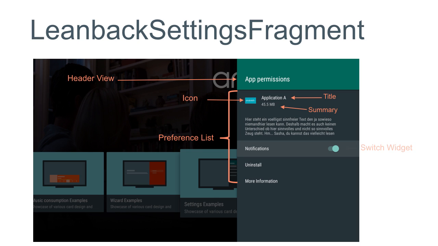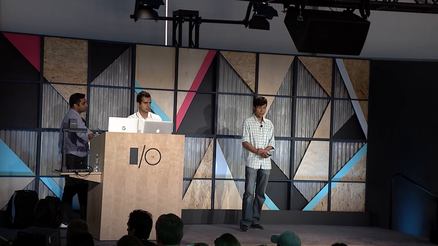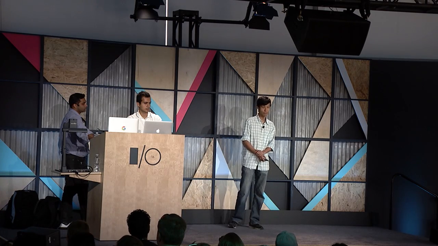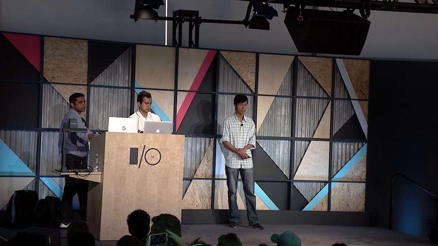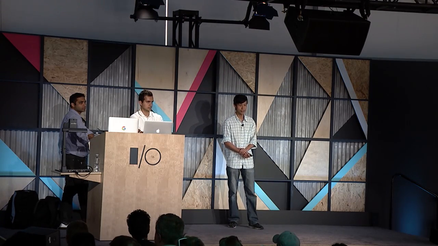Each preference object has an icon, a title, and a summary. Optionally, the preference object can embed a widget inside it. In this case, it's a switch widget. I'm not going into the details of the settings fragment, but you are welcome to take a look at the sample code in the Showcase app.